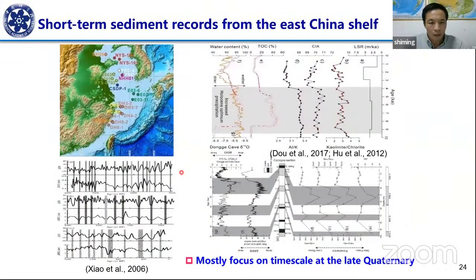And we have many very short-term sediment records from the Yellow Sea to the East China Sea, and these mostly focus on short time scales, especially the Holocene or late Quaternary.